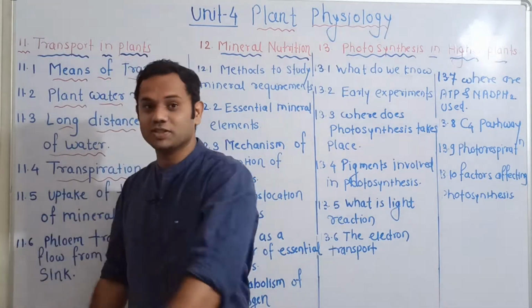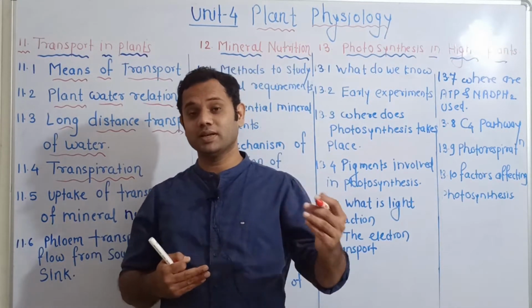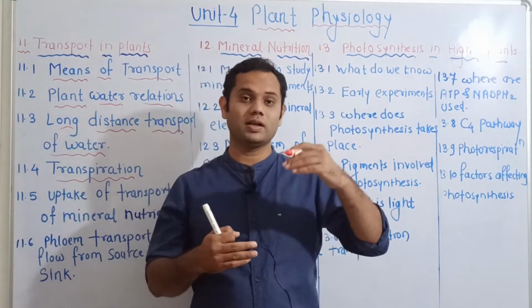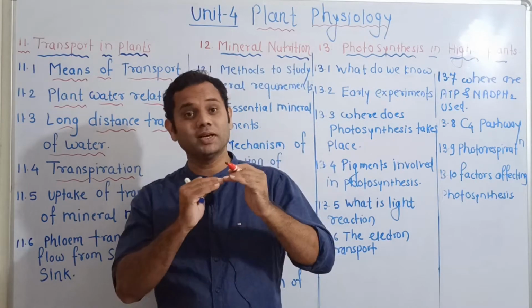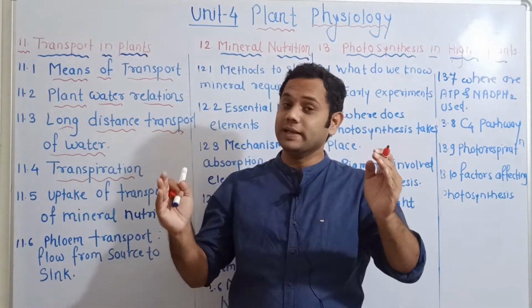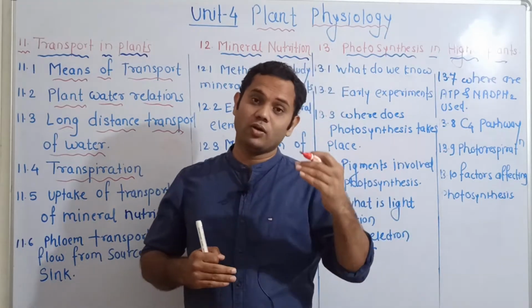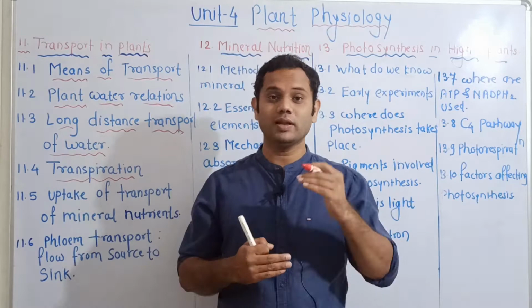What is transpiration? Transpiration is nothing but the evaporation of water in the form of vapor from the aerial parts of the plant. It may be from the leaves, it may be from the stem, but mostly it occurs through the leaves.